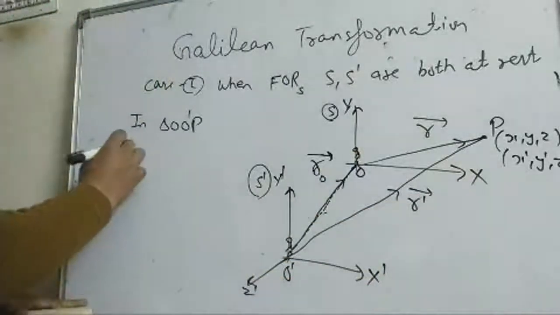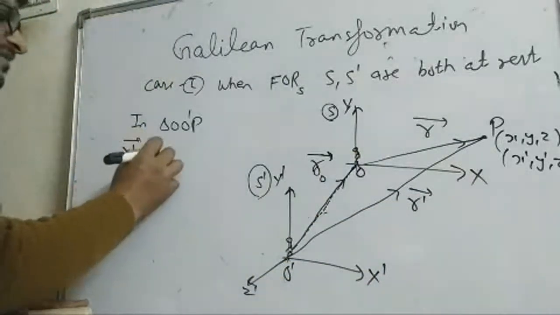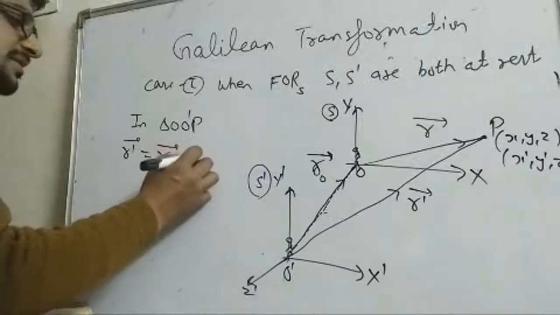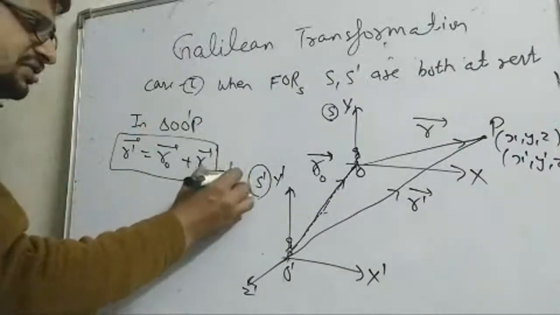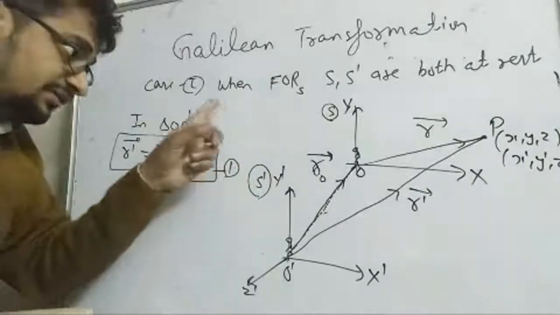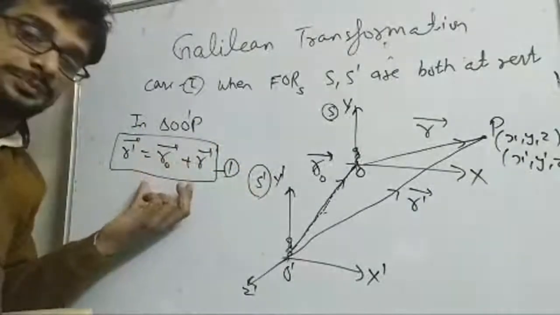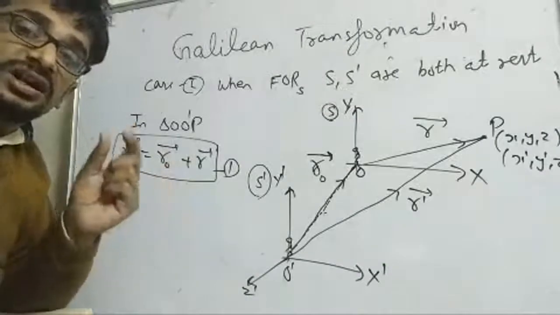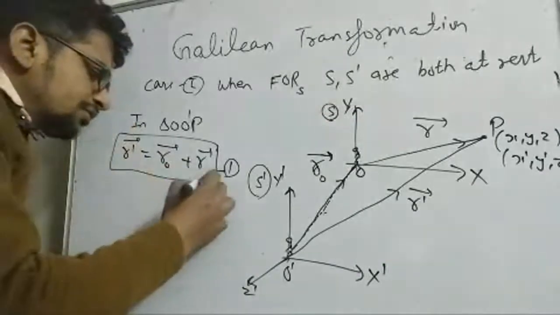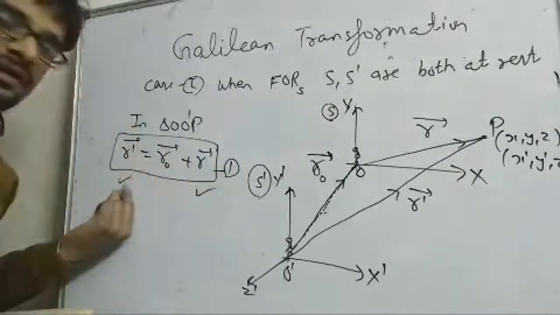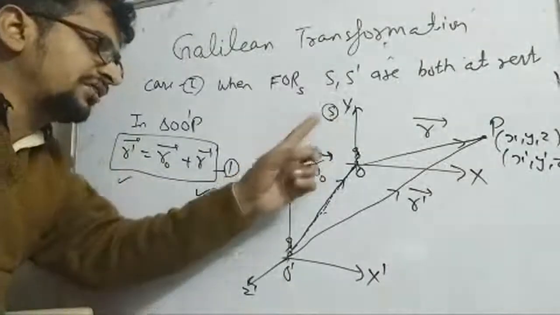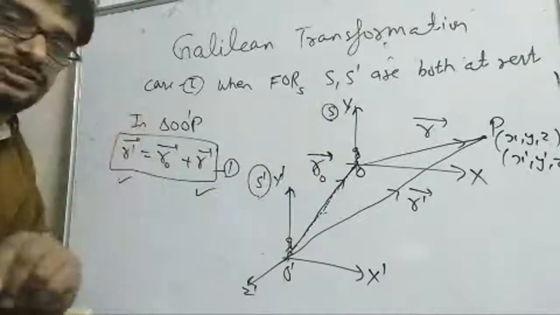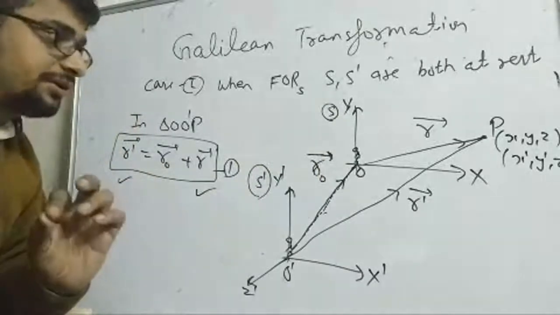So we can write r dash vector will be the sum of r naught vector plus r vector. It is the first equation for the first case, and this equation shows the relationship between two position vectors from different frames of reference S and S dash.